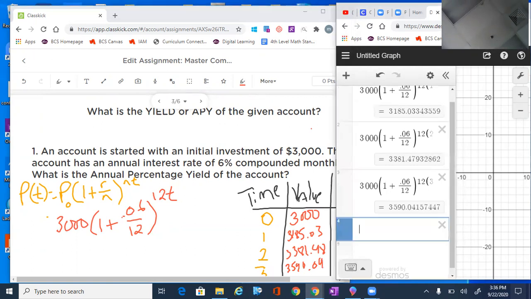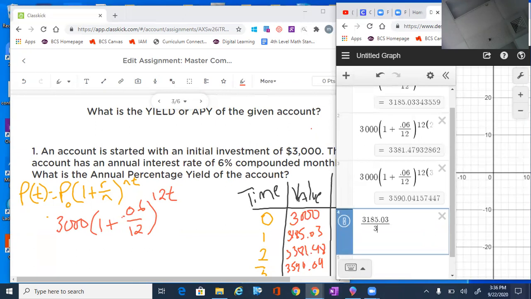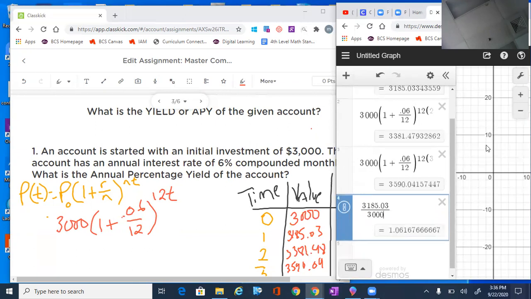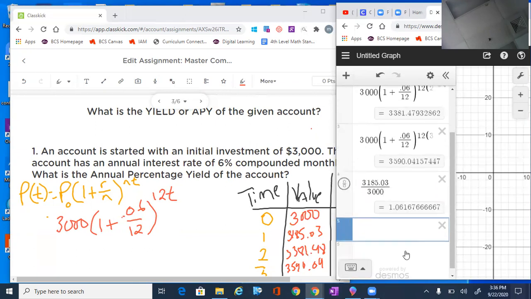In order to find the rate, it's really nice and easy. We're just going to take this information and divide. So I'm going to take $3,185.03, and divide it by 3,000. Okay, and I get 1.061. And then let's take the next one.